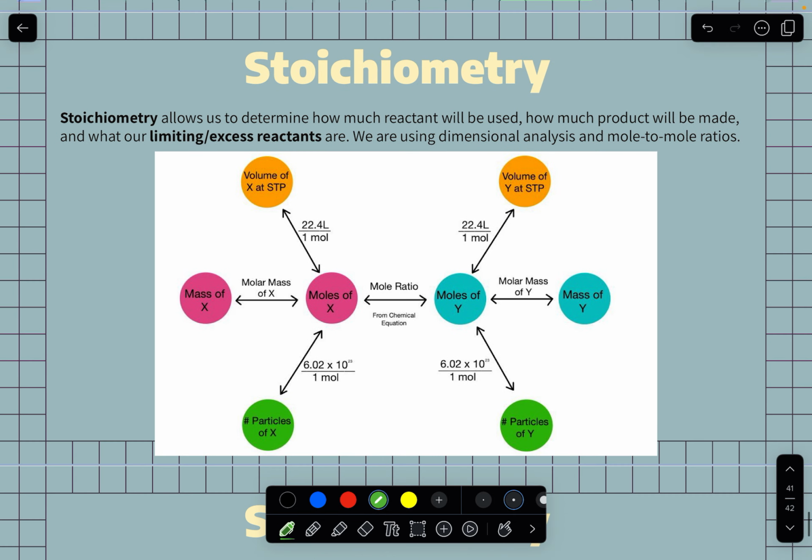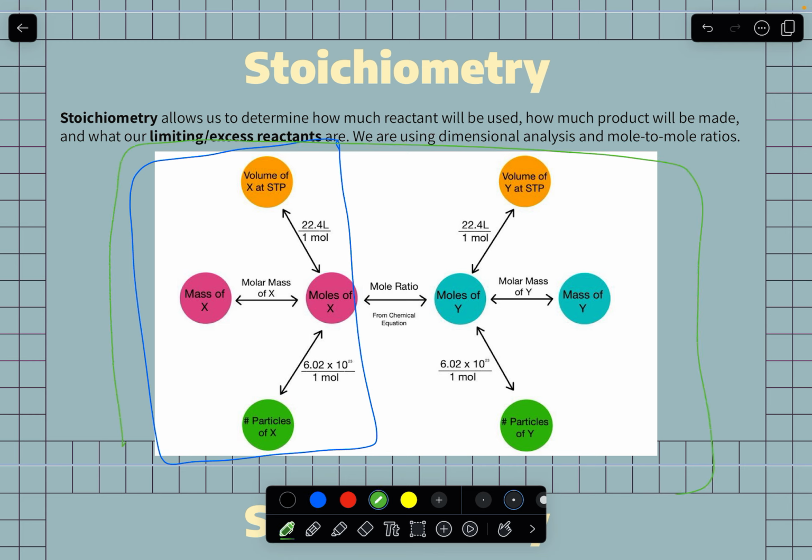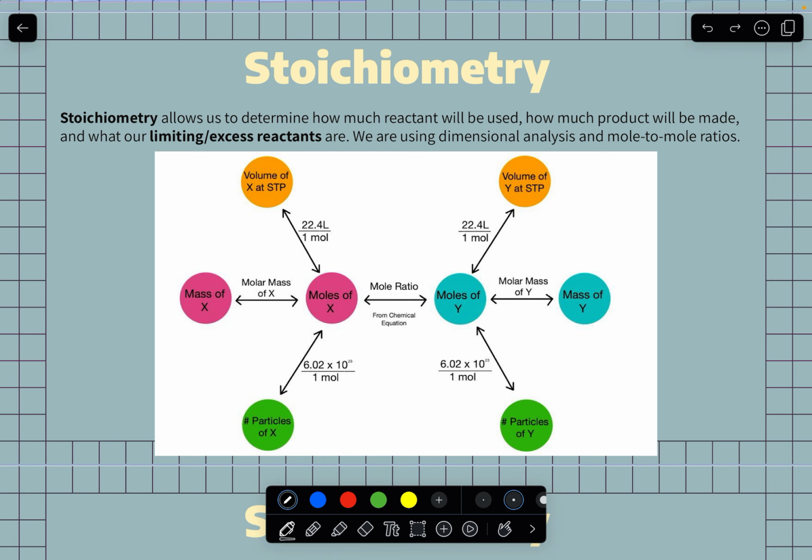All right, so stoichiometry. This is dimensional analysis, but dimensional analysis was just looking at one side of this. You're not changing the compound. In stoichiometry, you're going between two different compounds, right? So you're going between the X's and the Y's. Stoichiometry is very important in chemistry.